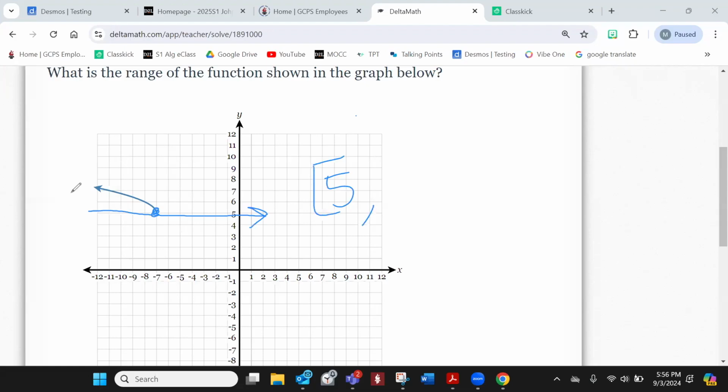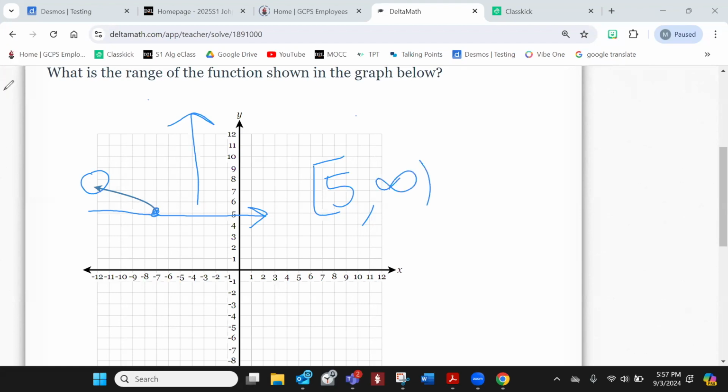And then if you look at the top, we cannot say it's 7.5. That's wrong. The reason we can't say that is because we have an arrow at the top. That means it goes up to infinity on the y-axis. So it literally starts at the bottom at 5, goes up to infinity.